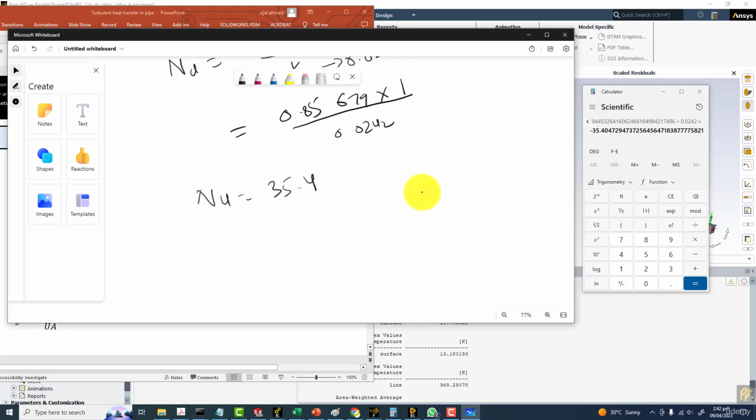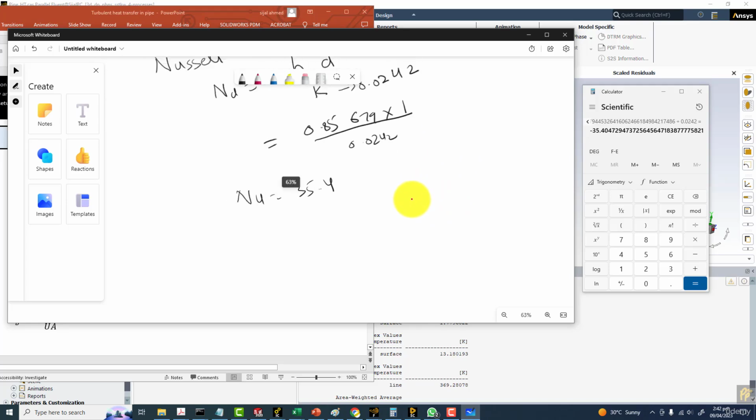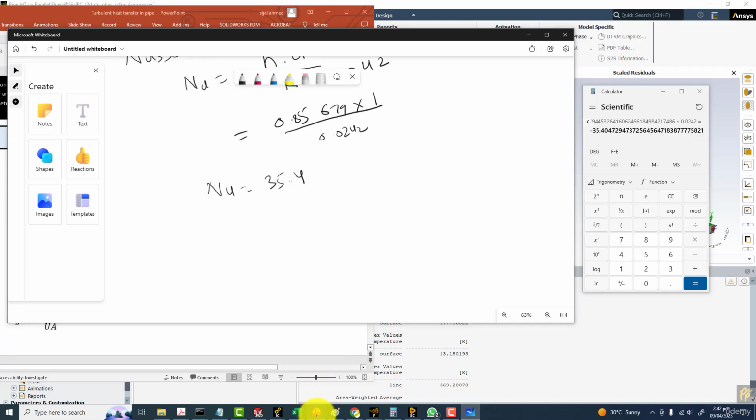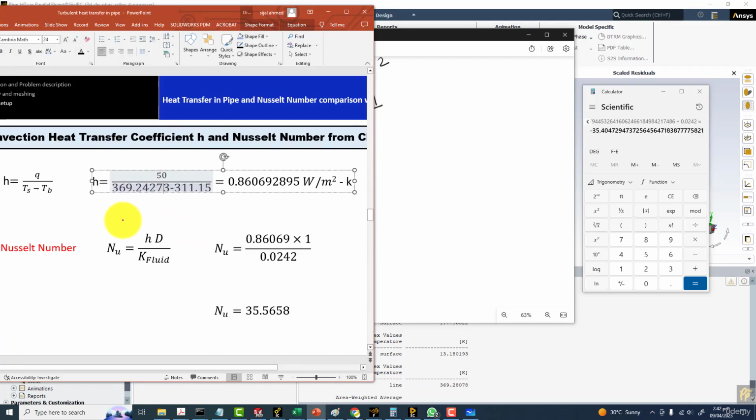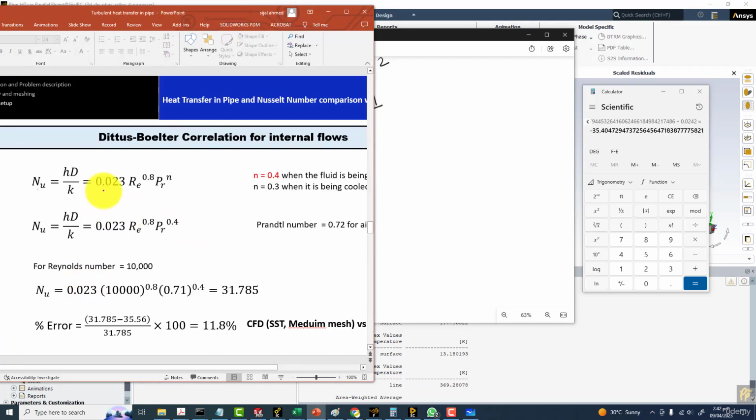Okay. Now similarly we have to use the Dittus-Boelter equation, and this equation states that this is equal to this form.